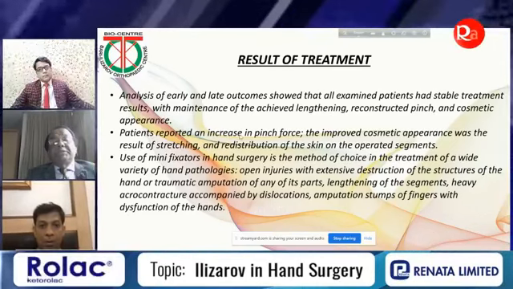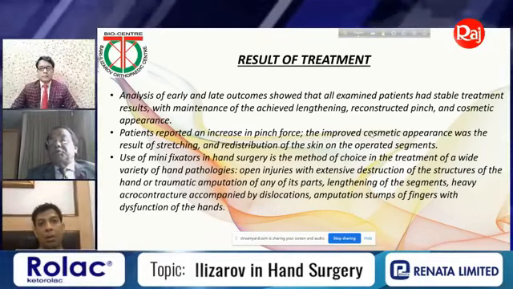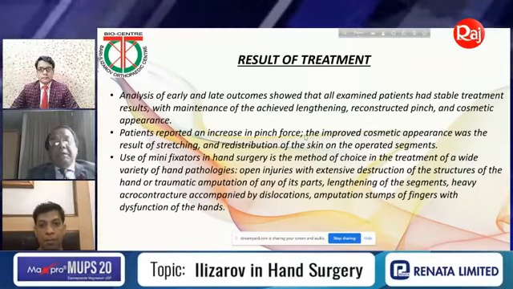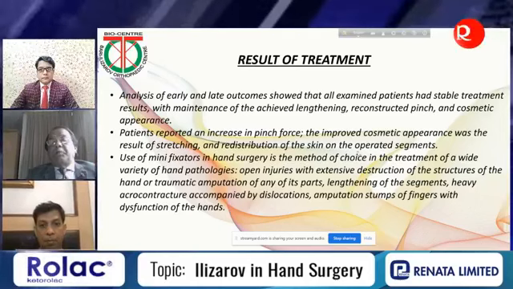Patients reported an increase in pinch force. The improved cosmetic appearance was the result of stretching and redistribution of the skin on the operated segments.